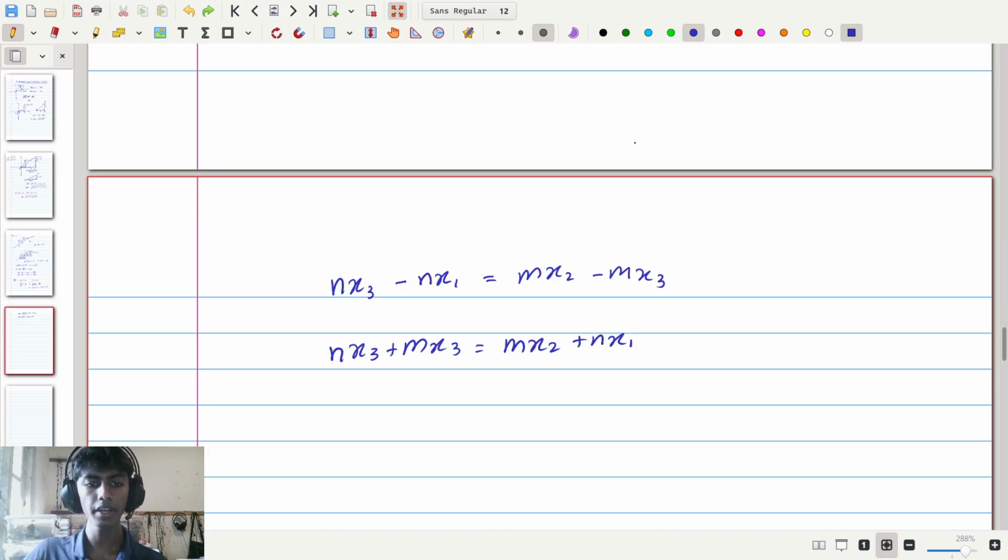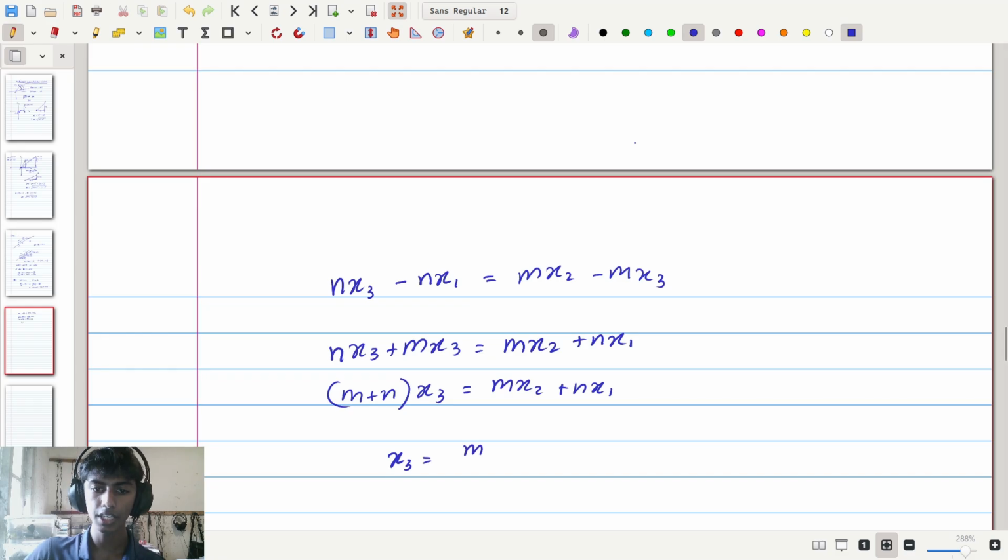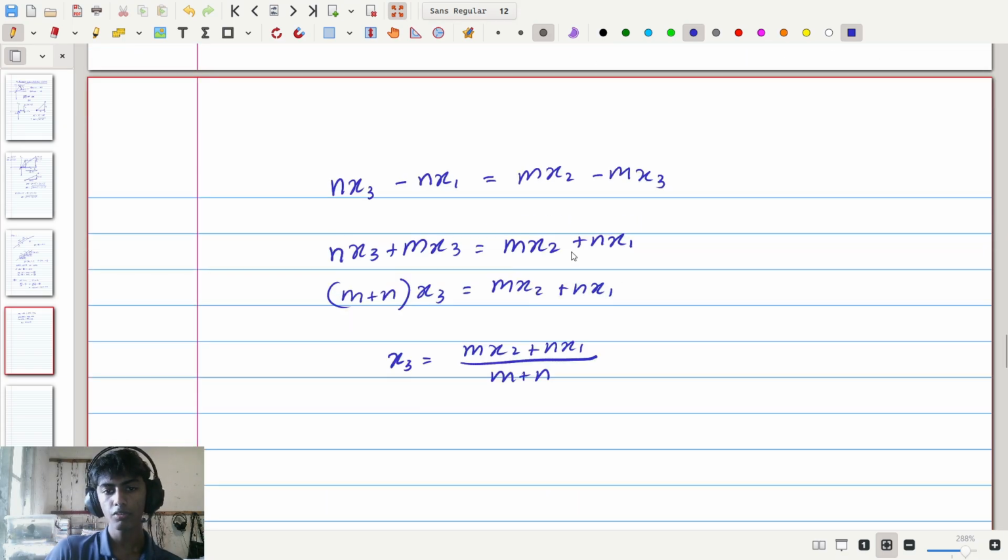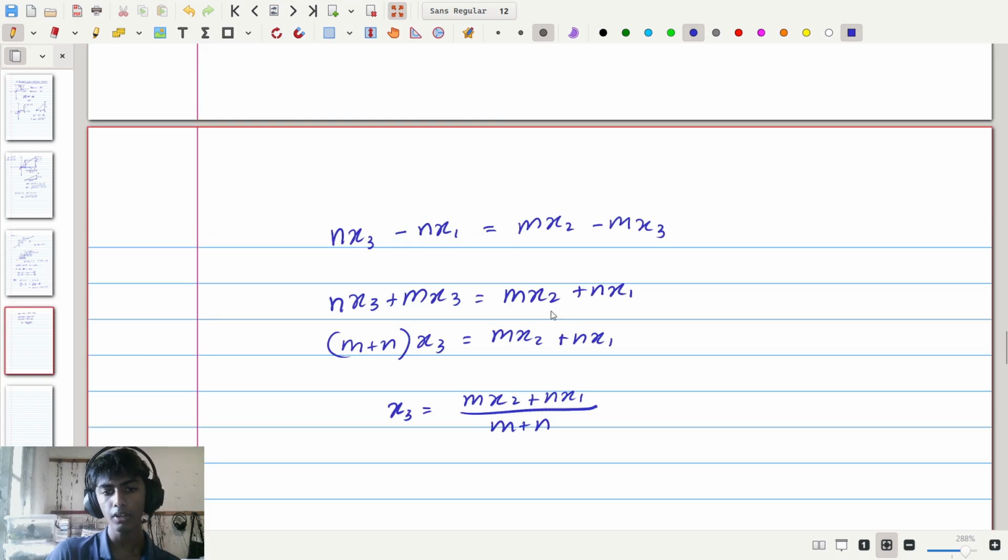Now, if I take the common factor of x3 out here, I get that (m plus n) times x3 is equal to m x2 plus n x1, which then gives me that the coordinate x3 is (m x2 plus n x1) divided by (m plus n). So from this, we have found the x coordinate of the central point C that we were looking for.